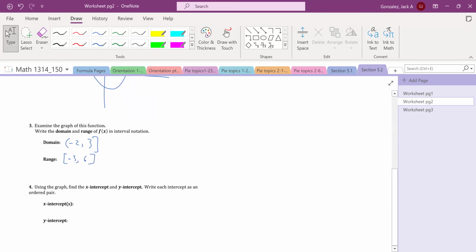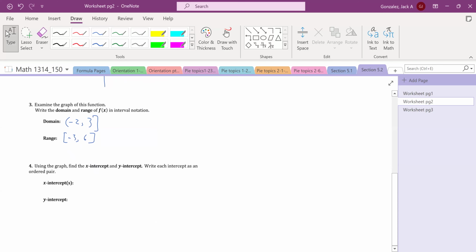But that next part, question 4, I didn't know how to write the x. It says ordered pair, so that means points. For the x-intercept it should be something, 0, and for the y it should be 0, something. But there's 2 x-intercepts on it, right? In decimal form, that's why I was confused. Yeah, there's 2 of them, and they're not pretty.